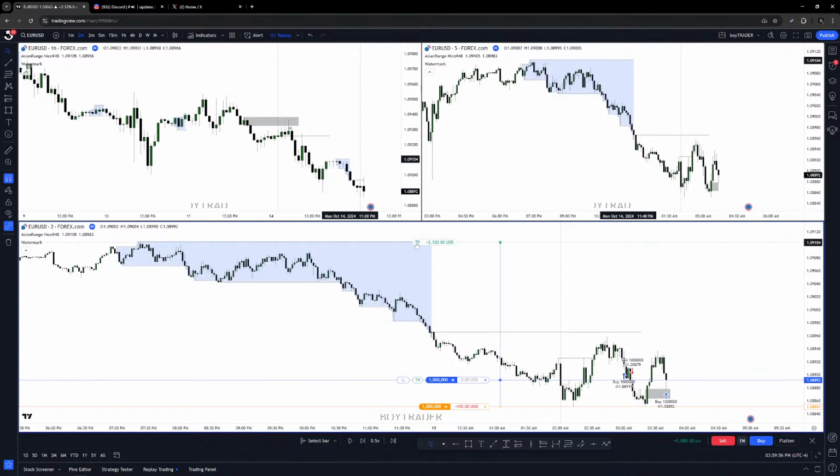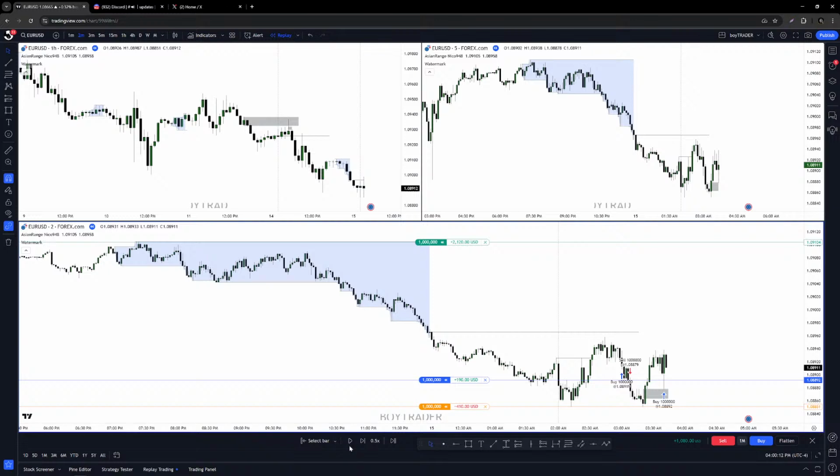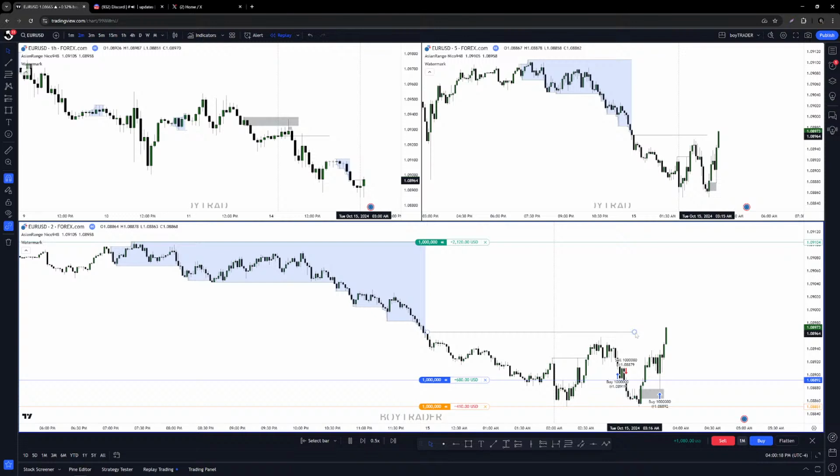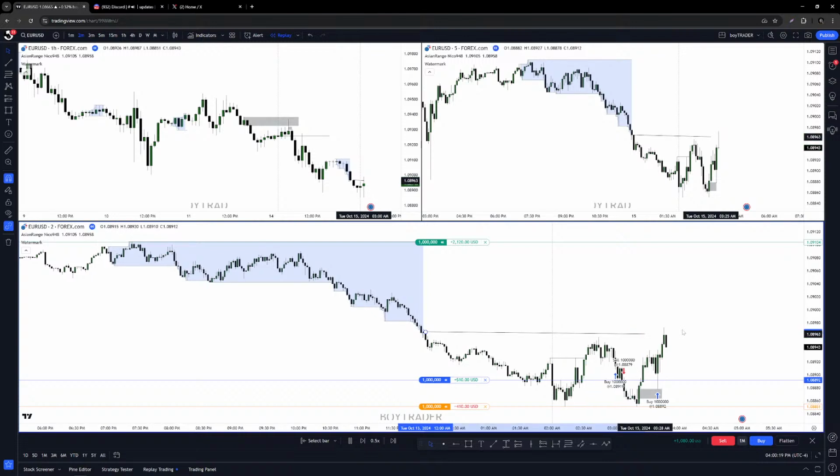Take profit above here, which is actually a good risk to reward. We're risking $400 to get about $2,000. It's more than 5 R. So let's watch. Let me drag out the midnight opening.